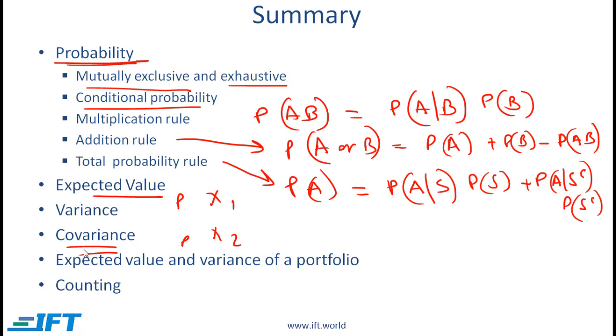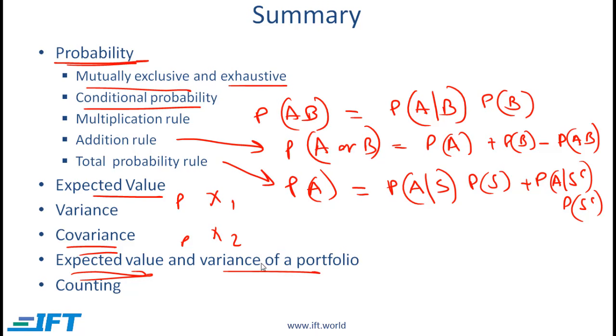Covariance is a measure of how two variables move together. Covariance being positive means that variables generally move up and down together. Covariance negative means that if one variable is going up, the other is likely to be going down. Then we talked about expected value and variance of a portfolio. The expected value was fairly straightforward.